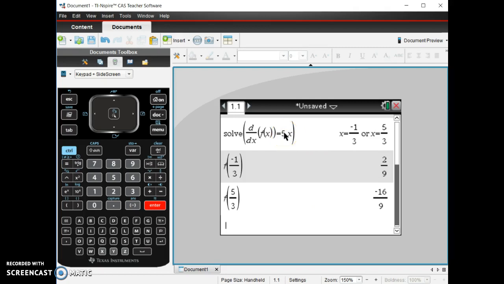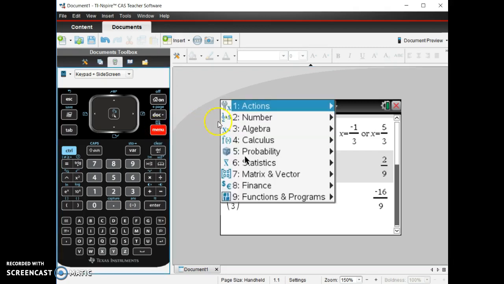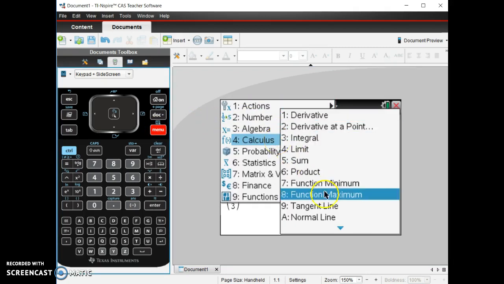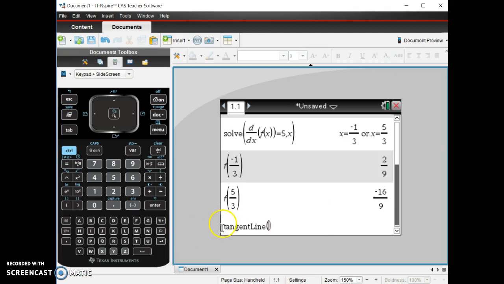One last thing I'd like to show you is how we can find the equation of the tangent line and the equation of the normal line at a particular point. If we want to find the equation of the tangent line when x is equal to 1, we can go to Menu, Calculus, Tangent Line. In front of this, we want to write y equals, so that when we get the output, we get y equals as the form of the tangent line.